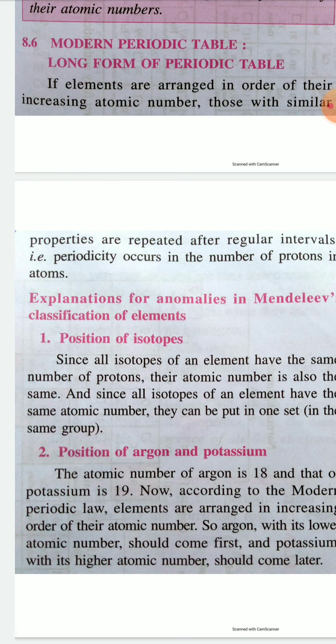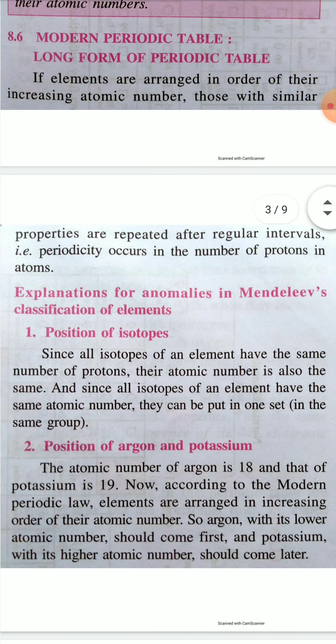First, position of isotopes. Since all isotopes of an element have same atomic number, they can be put in the same group. Okay, as they have same number of protons in the nucleus, the isotopes can be put in same group. Second, position of argon and potassium. Atomic number of argon is 18, and atomic number of potassium is 19.